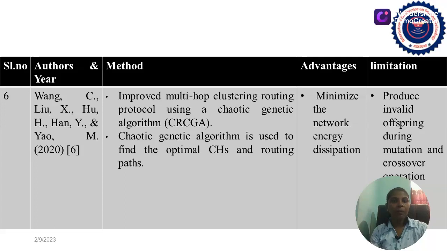Here, they are performing the routing process also. The advantage is that it minimizes energy dissipation, but in the genetic algorithm part, it produces invalid offspring during mutation. So the process may get deviated.